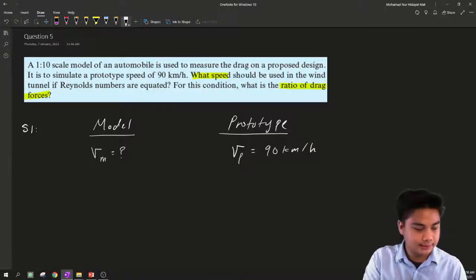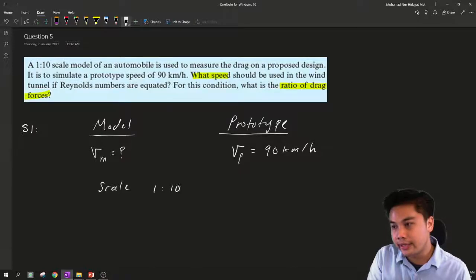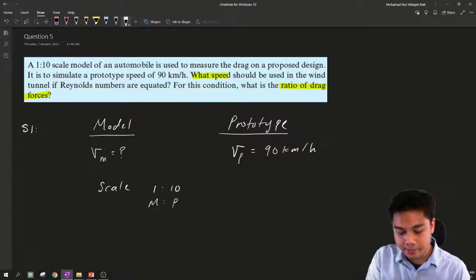After this, we need to consider the scale given. The scale given here is 1:10. This is for the model, this is for the prototype. The length of the model to the length of the prototype.